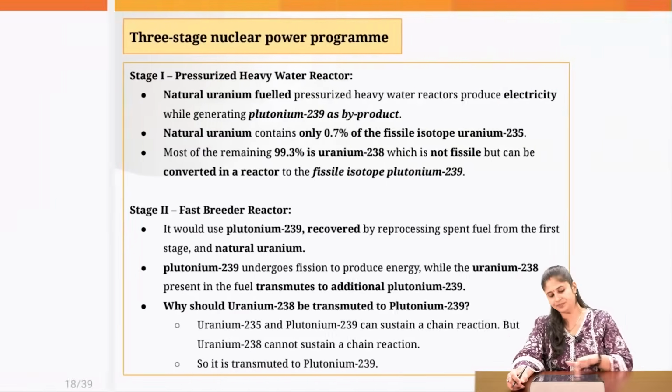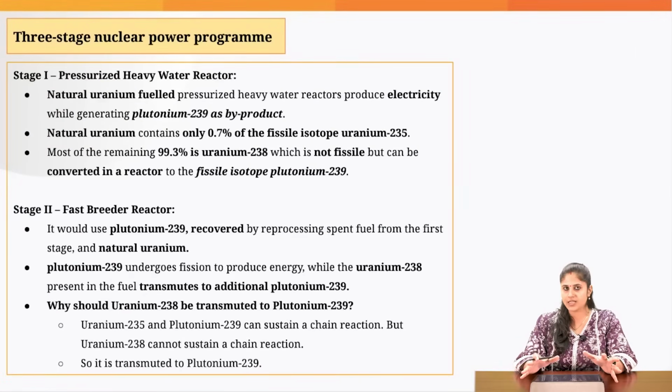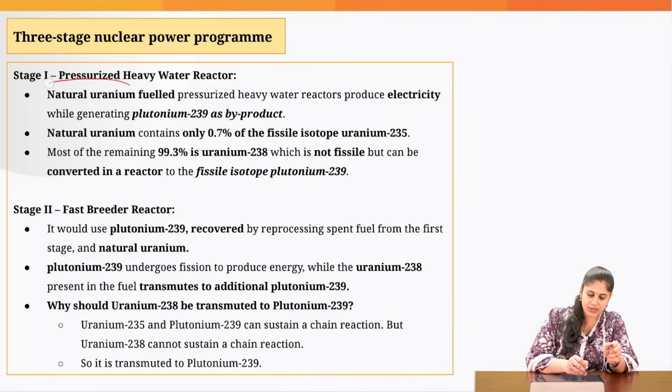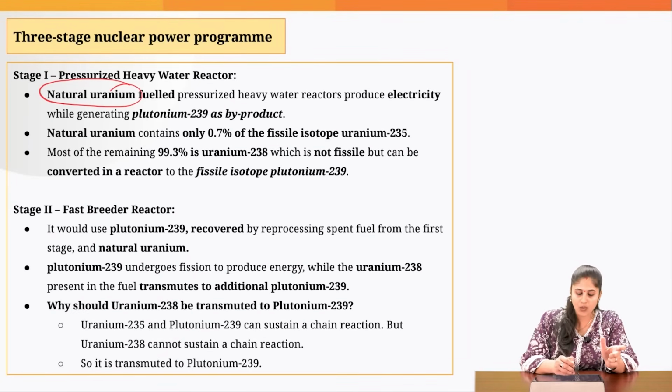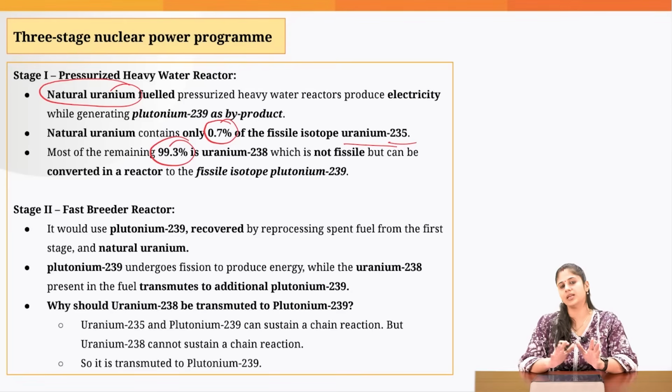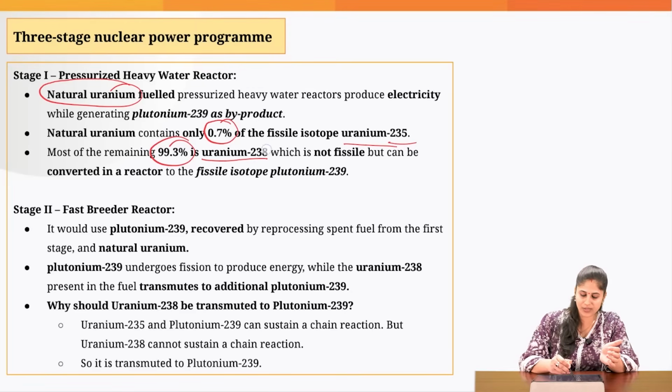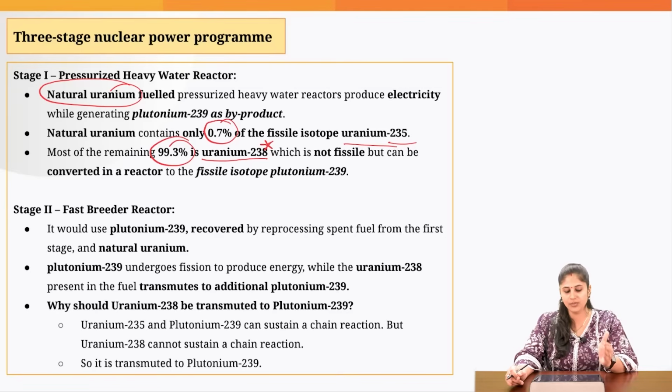Let's understand this. In the first stage, we are going to use natural uranium as a fuel. Natural uranium has only 0.7% of the fissile isotope of uranium, that is uranium 235, whereas 99.3% of natural uranium consists of the non-fissile uranium isotope, that is uranium 238.